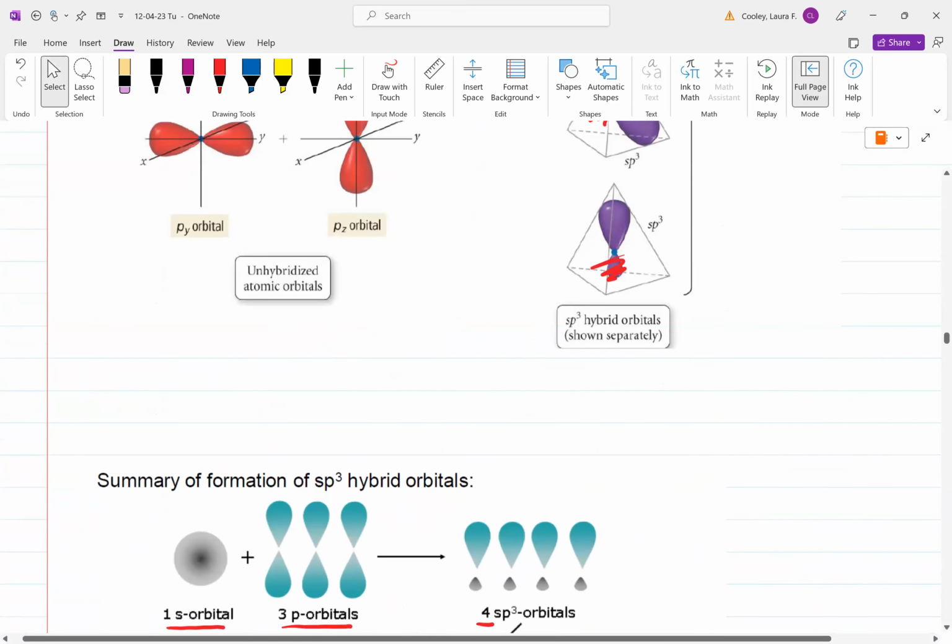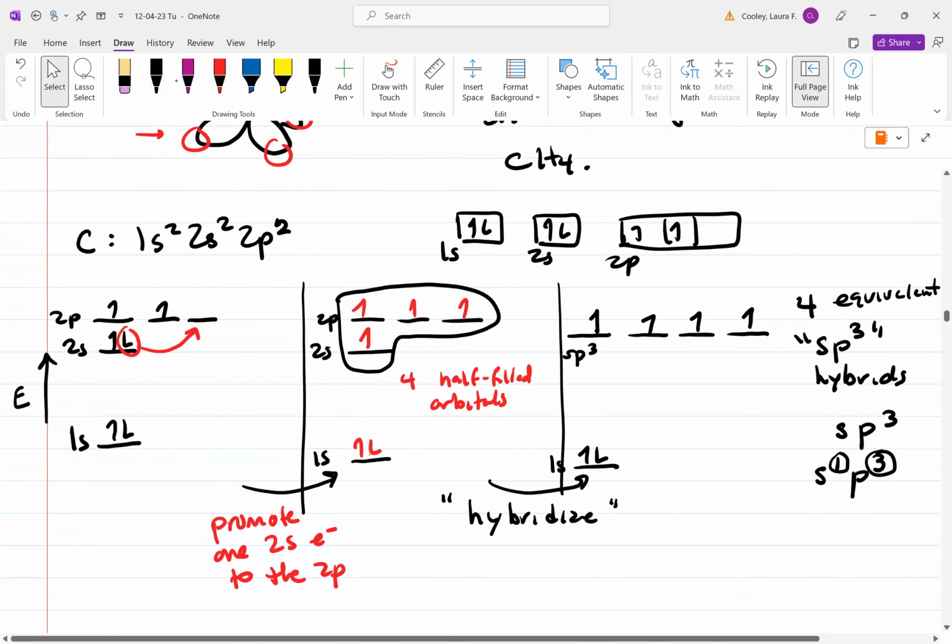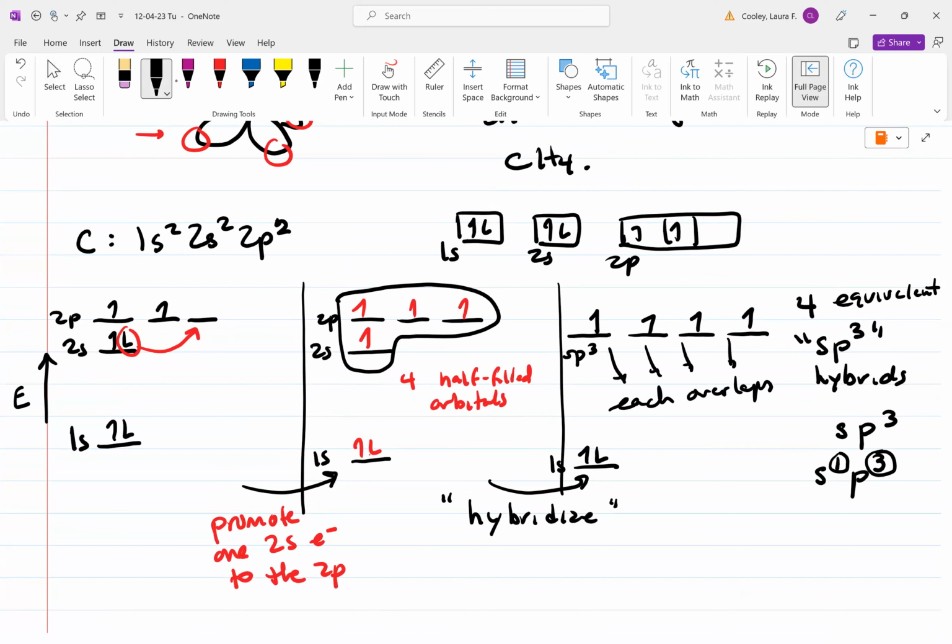So if we go back to the diagram here, you could see that each one of these overlaps with a 1s on hydrogen to create 4 sigma bonds. Each is sigma sp3 1s.